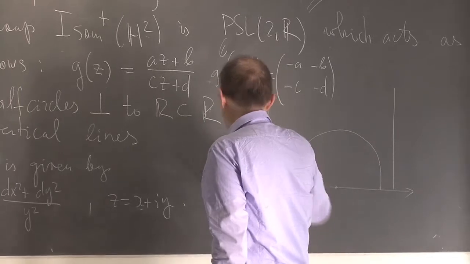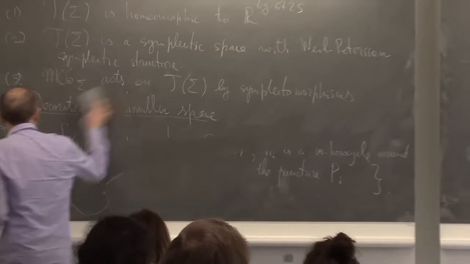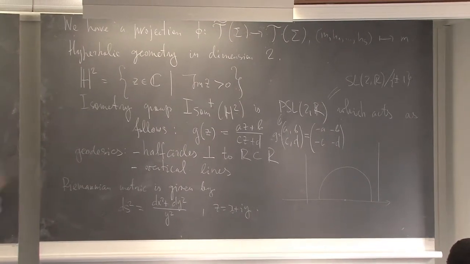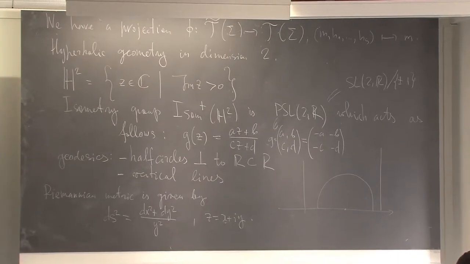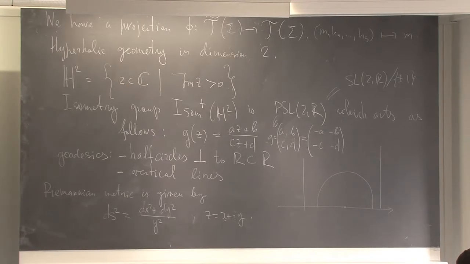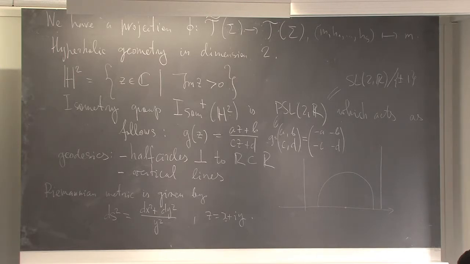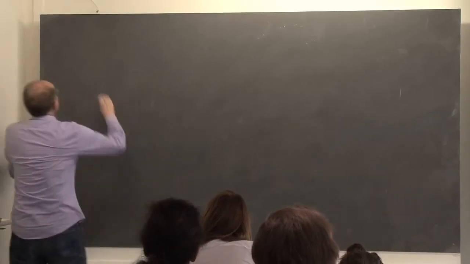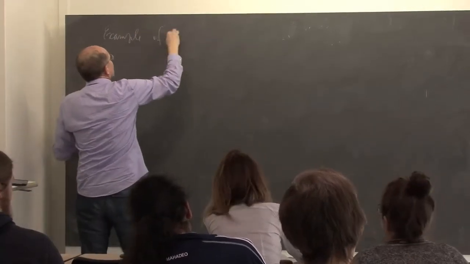In particular, we can measure the length of a vertical segment. This is the easiest calculation in this geometry. So, an example of calculation.